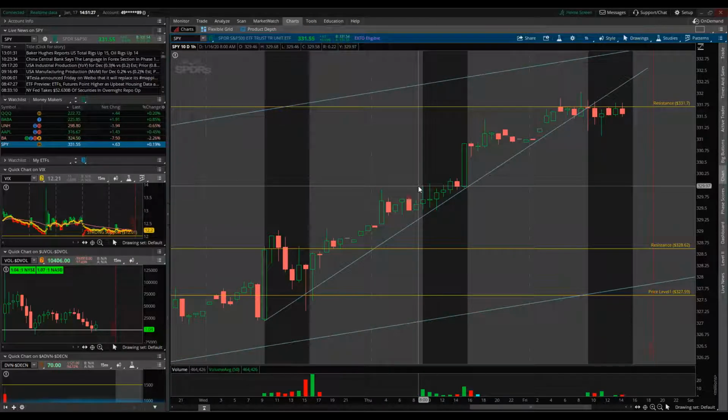And that will be a good place to buy. And as long as price can hold above that level, we'll expect it to come back up here. And this would be a good place to take some profit.